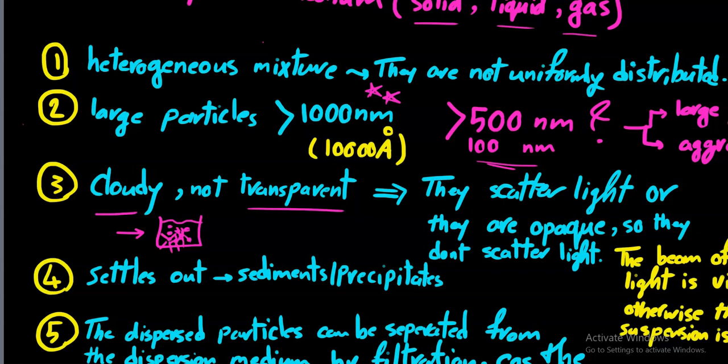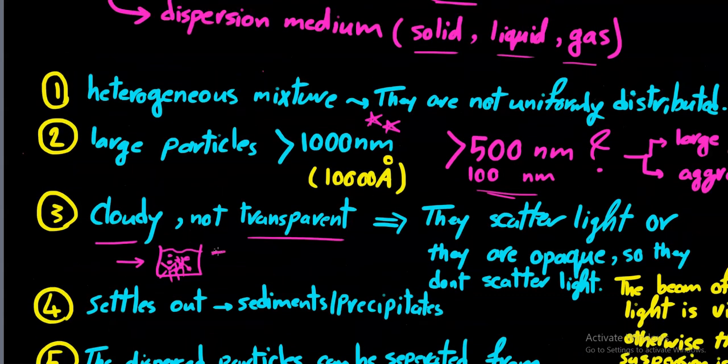But it should be noted that if the particle size of a suspension is even bigger than this normal particle size, when it's too big, the suspension would be completely opaque and you cannot see the passage of light through it. So it's really important to know that whether you can see the beam of light in the suspension depends.